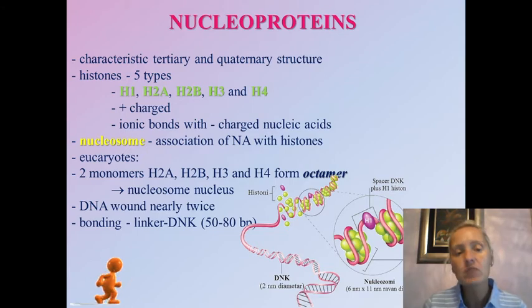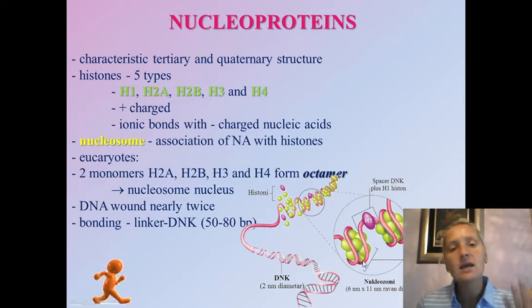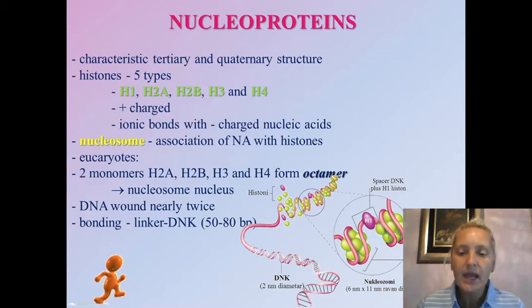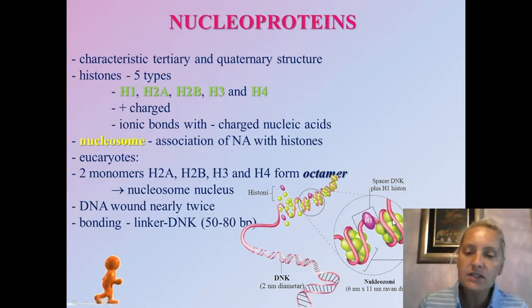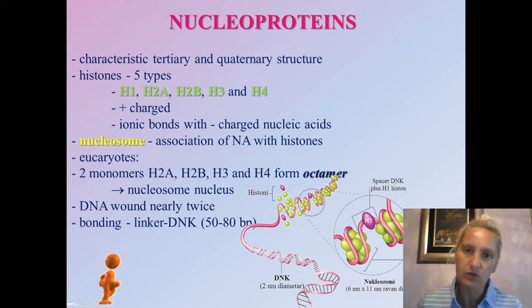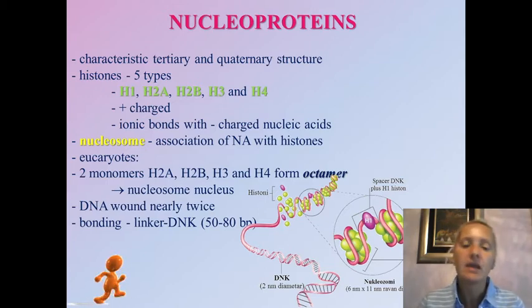In eukaryotic cells, and that is what we are interested in, one nucleosome consists of 2 monomers, and each monomer contains, I'm sorry, 8 molecules of histones, types H2A, H2B, H3, and H4.